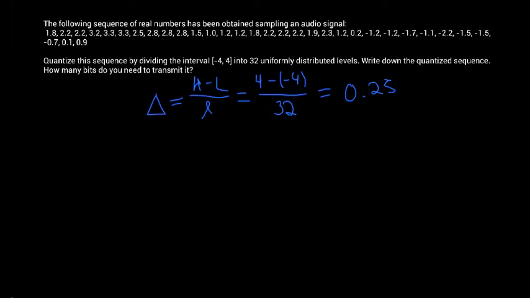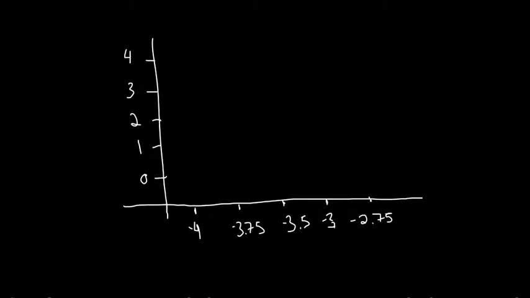Using this, we can plot the relationship between the given values and our quantization levels. If we start plotting at the lowest point in our interval and the lowest quantization level, and we move to the right until we hit the calculated step size, we jump up to the next quantization level.